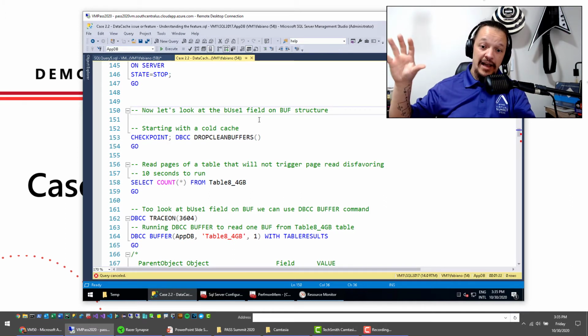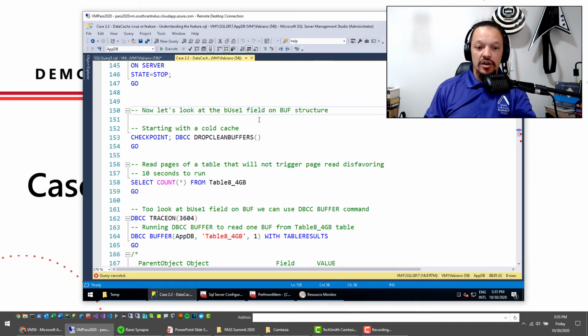And that page has a buff structure. It's another memory structure that has information about that specific page. One of the pieces of information it has is the BUse1 field. This is the one that will tell us when the page was accessed. What was the last time the page was accessed?